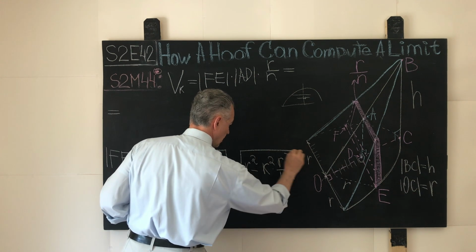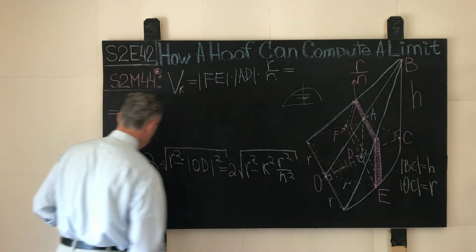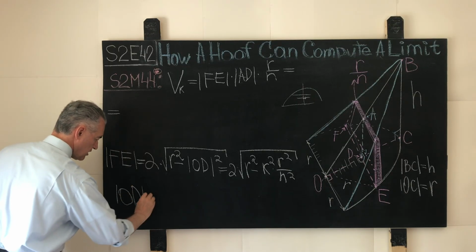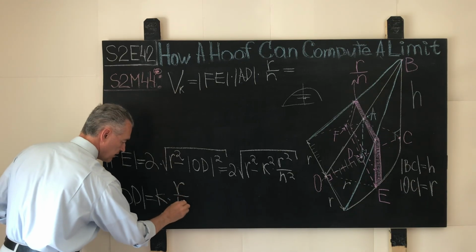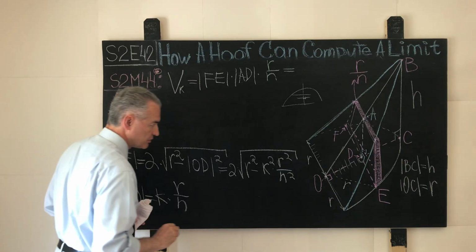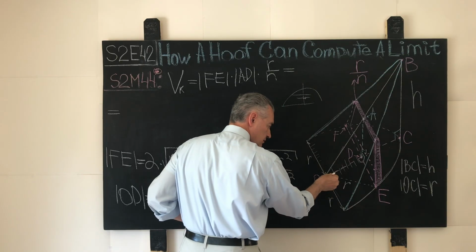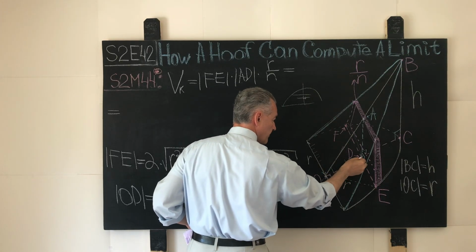Again, I want to make sure we all understand where this came from. The distance OD is simply K uniform distances R over N. It is that simple. There is no magic over here. The distance OD is K line segments of length R over N, because this is how we partitioned our radius OC.